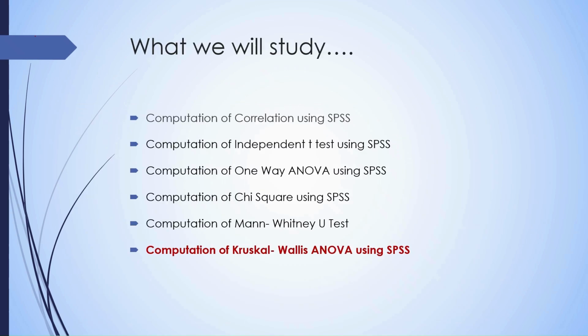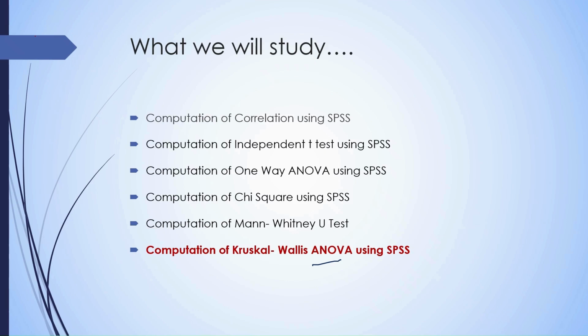Last, we have computation of Kruskal Wallis ANOVA. Again, Kruskal Wallis ANOVA also we have learned the manual calculation, right? What is Kruskal Wallis ANOVA? It is a non-parametric statistical test, and we use it to compare 3 or more independent groups. Till now we were dealing with 2 groups, right?